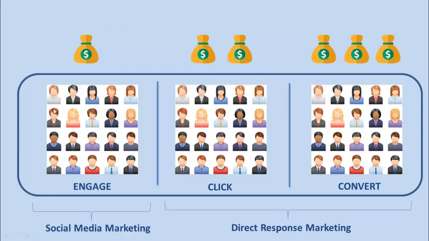One is this group here. These are people who engage with brands by liking, clicking, sharing posts, but they don't do anything much beyond that. Then there's a group of people who click on ads which are created by advertisers like you and me and land up on the advertiser's landing page or website.